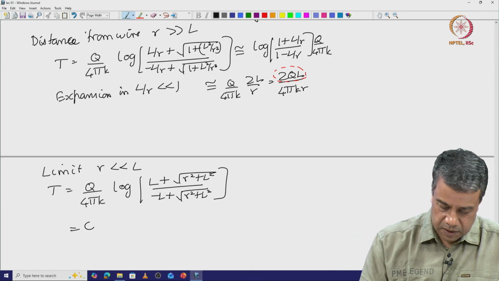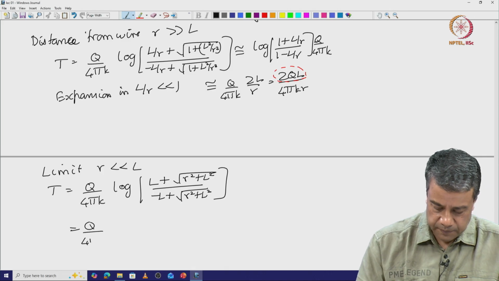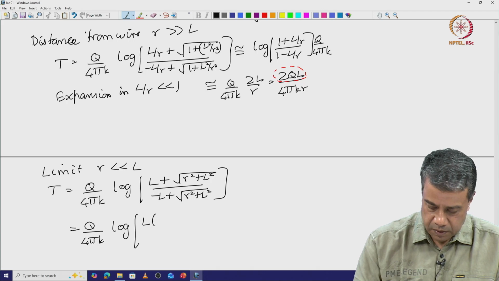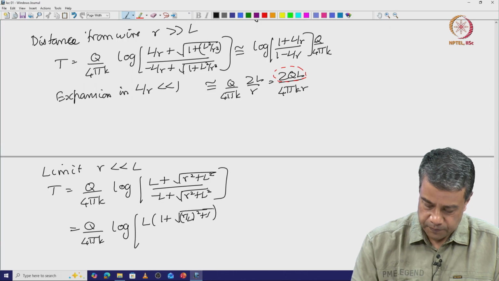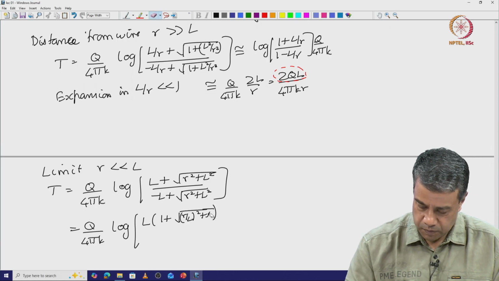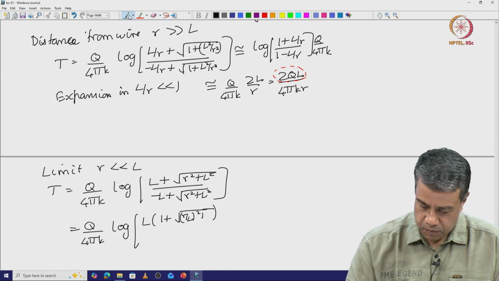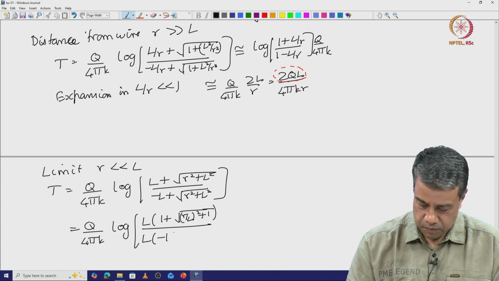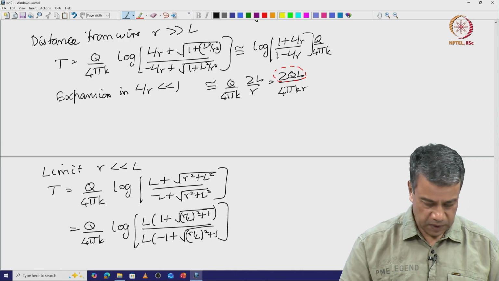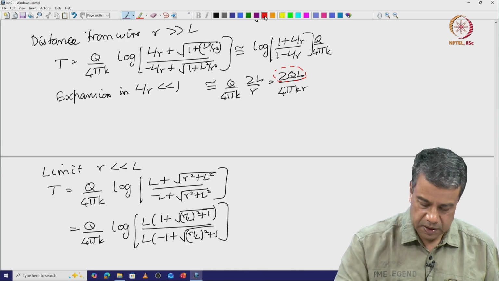I can write this dividing throughout by L, and these L's will cancel out.